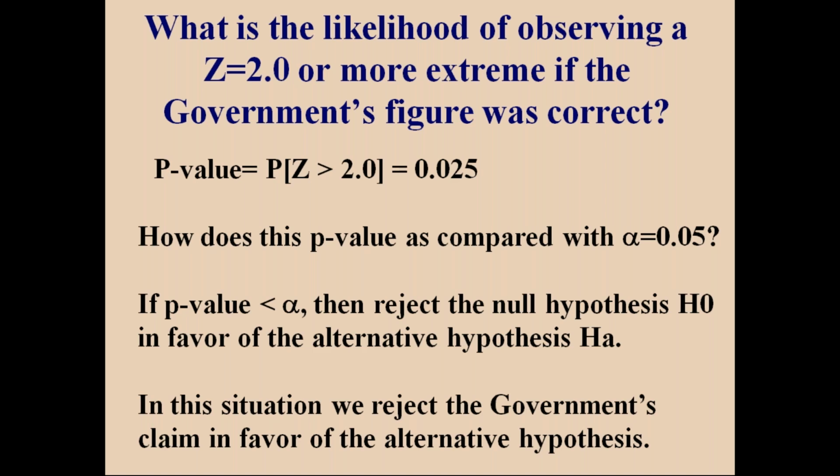If the p value is less than alpha, then reject the null hypothesis H0 in favor of the alternative hypothesis H1. In this situation, we reject the government's claim in favor of the alternative hypothesis.